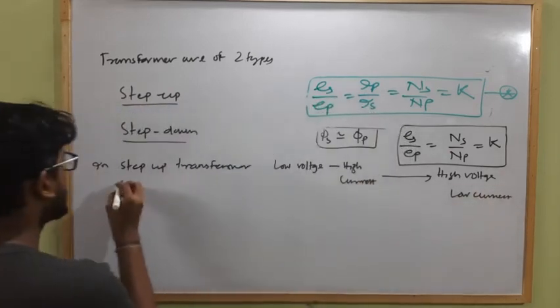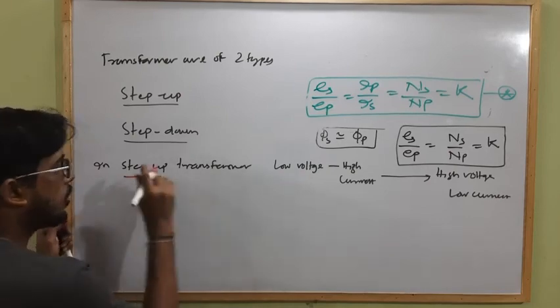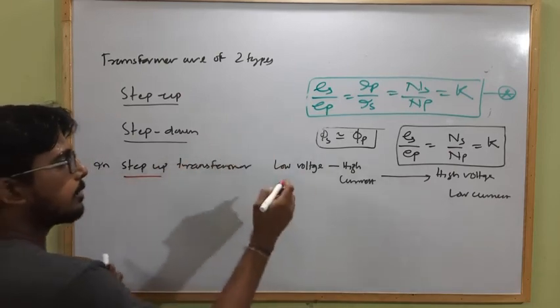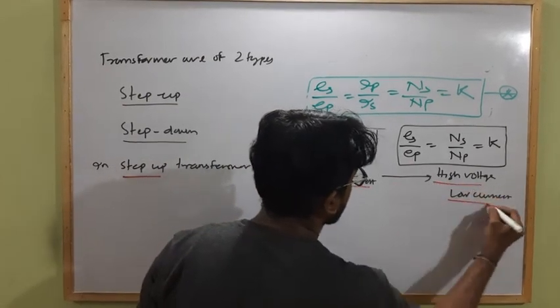Okay, you have to remember this. That means low voltage at high current is converted into high voltage at low current.